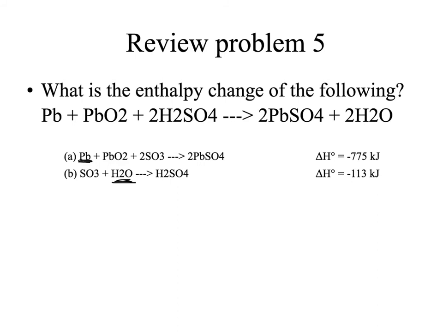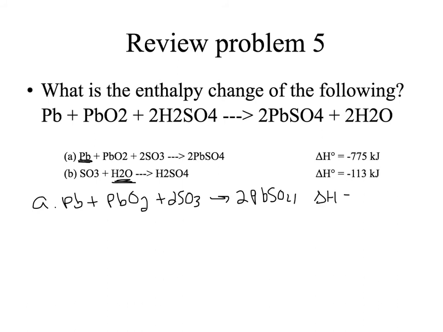The lead is on the reactant side in equation A, it's on the reactant side in the goal equation, so that tells me I don't have to flip it. So I'm actually not going to do anything to A, I'm just going to rewrite it. Pb plus PbO2 plus 2 sulfur trioxide yielding 2 lead sulfates. Since I didn't do anything to the equation, the delta H stays the same, 775 kilojoules.